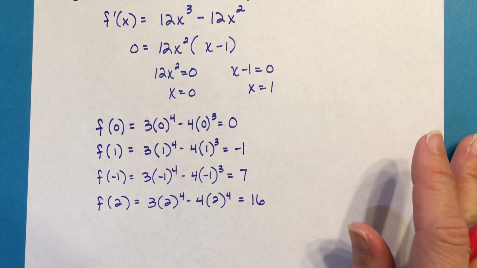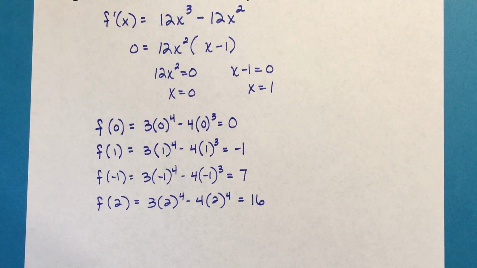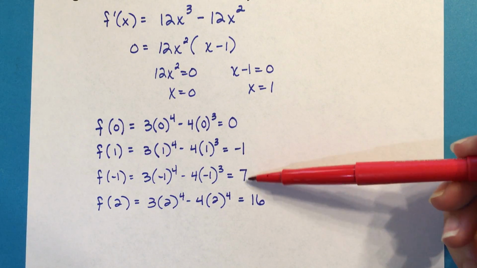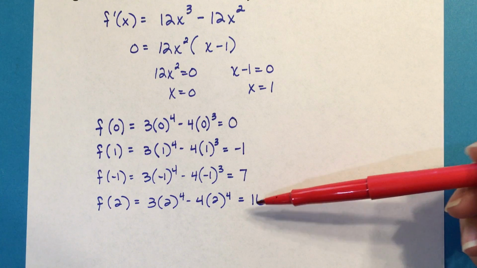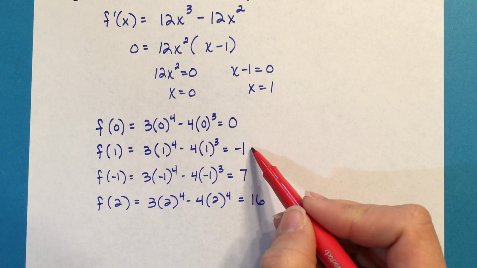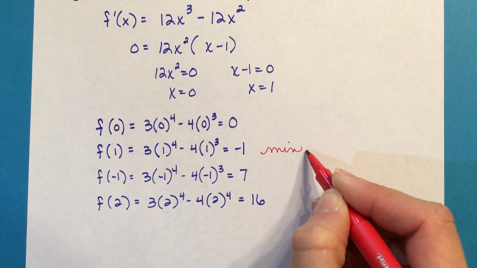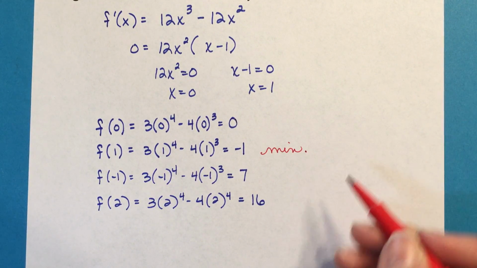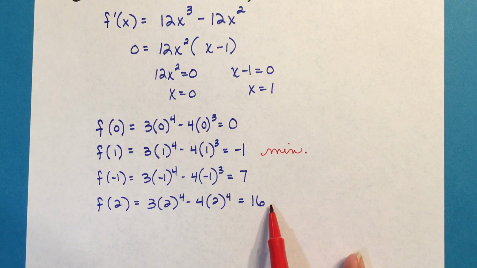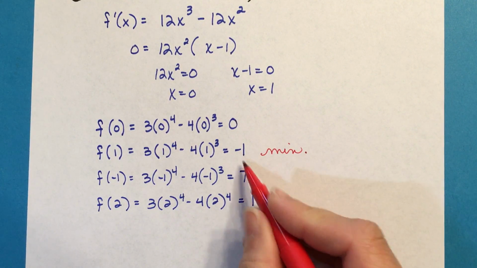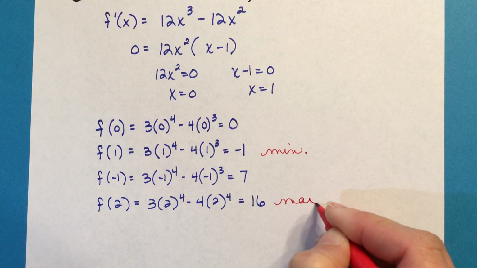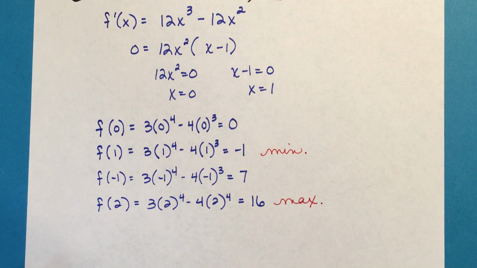It'll have to be the y value that determines how high or how low something is. So that's why you determine your answer from these 4. This is your smallest value, so it represents your minimum. And this is your largest value out of the 4, so it represents your maximum.